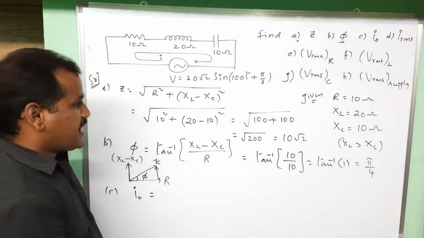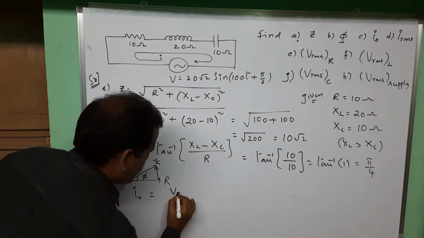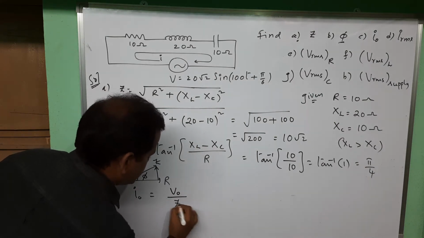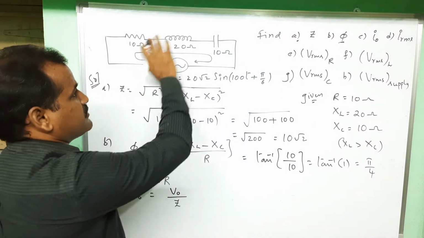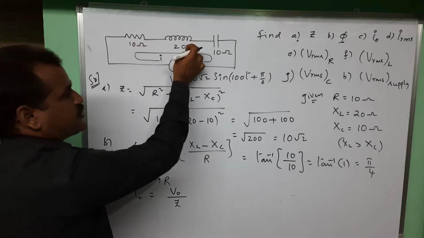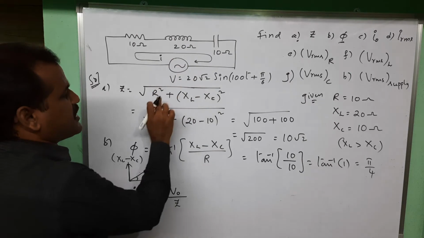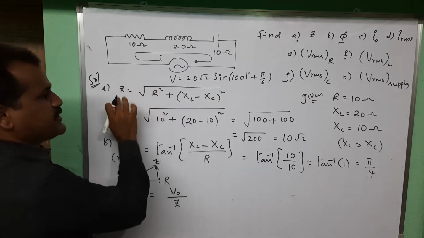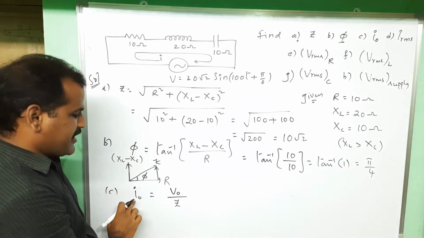The formula for I naught in the series RLC circuit is V naught divided by Z, or impedance, not resistance. This is a series RLC circuit, so the opposition is not only due to resistance, it is due to inductive reactance and capacitive reactance. Overall three components are considered in the impedance expression. That's why V naught by Z should be considered for the I naught calculation.